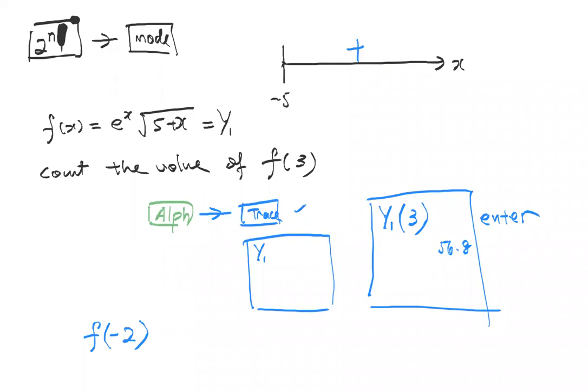The answer is no. You can press second, enter. Your Y1 will come out, then it allows you to change. You bring the cursor here, change this to negative 2, then you press enter.